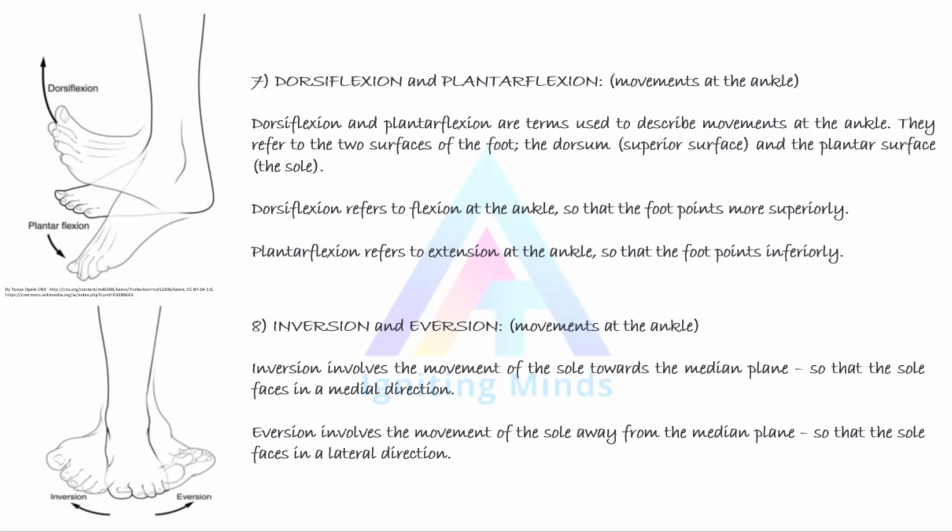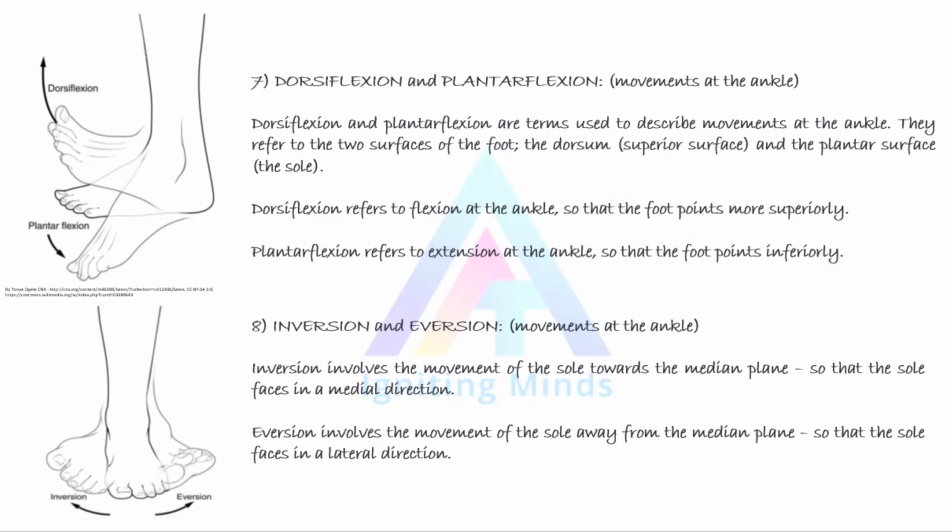They refer to two surfaces of the foot, the dorsum or the superior surface, and the plantar surface, which is the sole. So dorsiflexion is flexion at the ankle where the foot points more superiorly, as if you stand on your heel. And plantar flexion refers to extension at the ankle so that the foot points inferiorly, like standing on your toes.